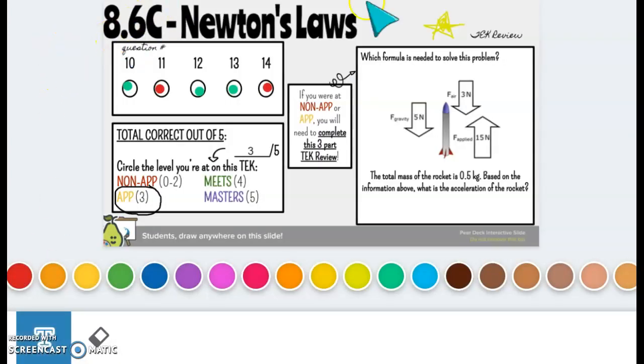Our next TEK review covers Newton's law. So it says which formula is needed to solve this problem. So I see this picture here. I see forces, and then the question below says the total mass of the rocket is 0.5 kilograms. Based on the information above, what is the acceleration of the rocket?